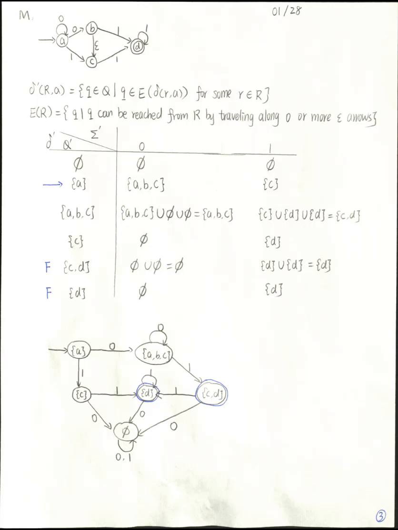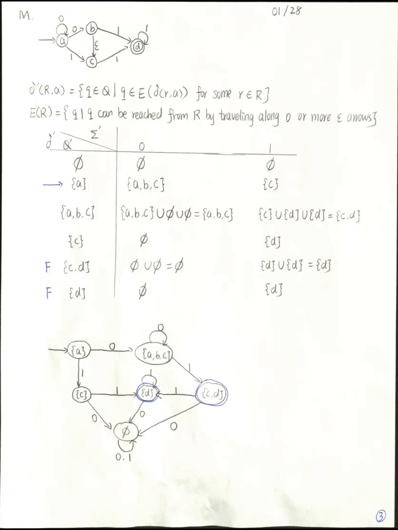After I get A and B, I should take the closure of AB. The closure of AB is the set of states that can be reached from AB by consuming nothing. So from A, it can reach A itself. From B, it can reach B and C. So the closure of the result states is going to be the result.